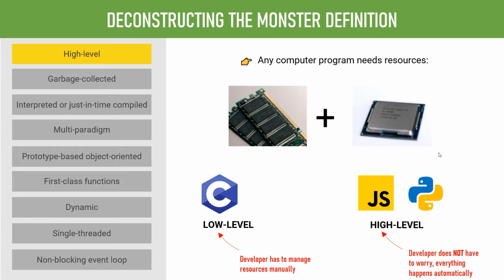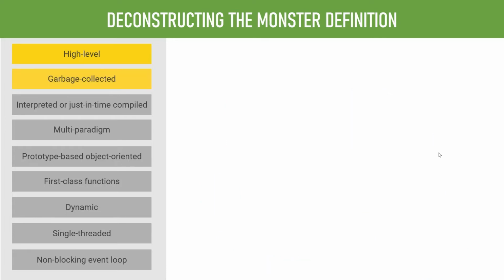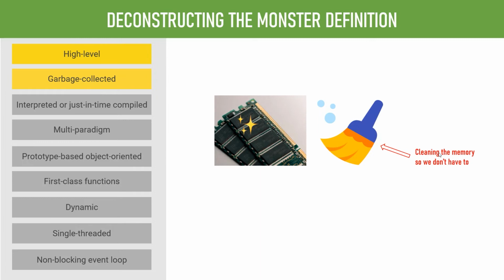Now, one of the powerful tools that takes memory management away from us developers is garbage collection, which is basically an algorithm inside the JavaScript engine, which automatically removes all unused objects from the computer memory in order not to clog it up with unnecessary stuff. So it is a little bit like JavaScript has a cleaning guy who cleans our memory from time to time, so that we don't have to do it manually in our code.